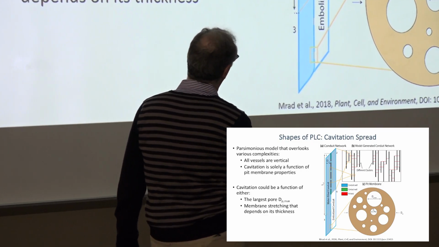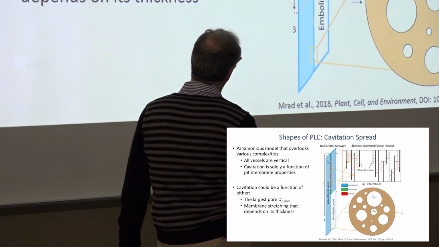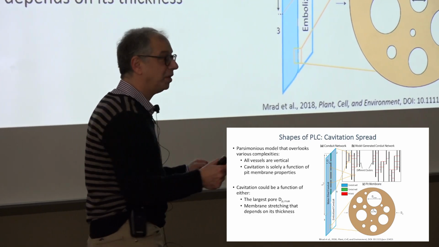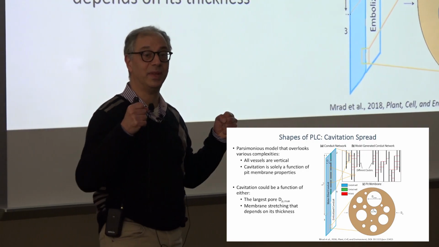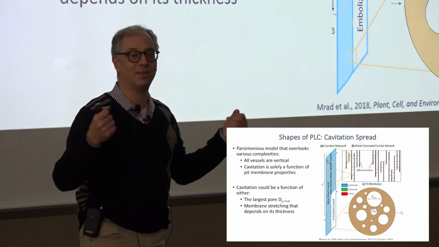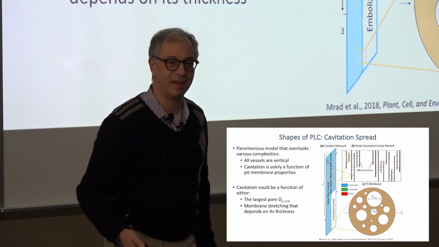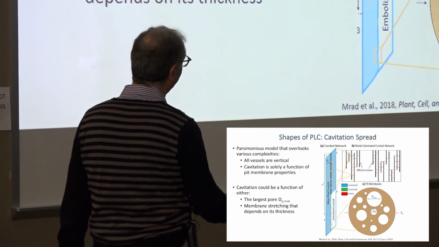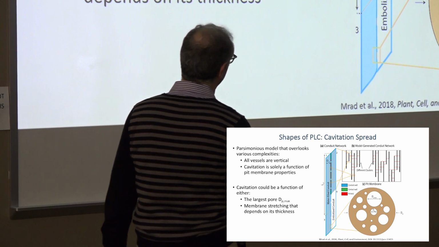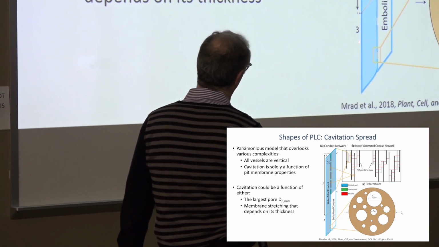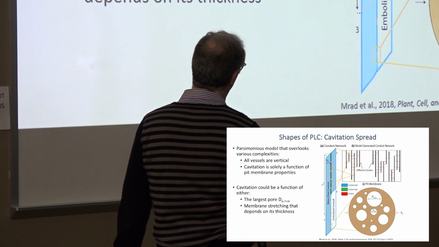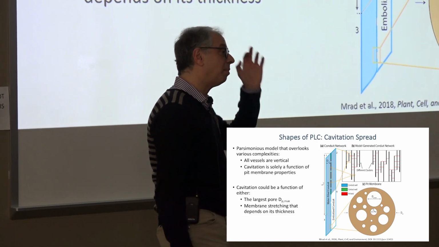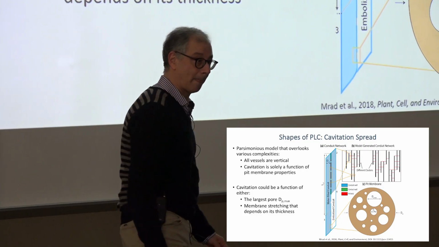So what you do next is you introduce air pockets at random, and instead of supplying the water with tension, we do what Dixon and Joly did: we increase the air pressure. So instead of making water under tension, we make the air positive pressure. And we study the evolution of water and air in this network. The argument is that if air can go from an embolized conduit to a water-filled conduit, it will immediately render it incapable of transporting water.